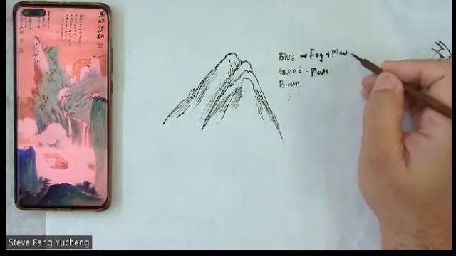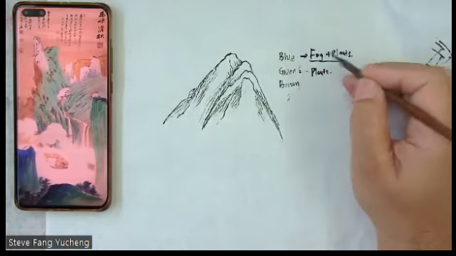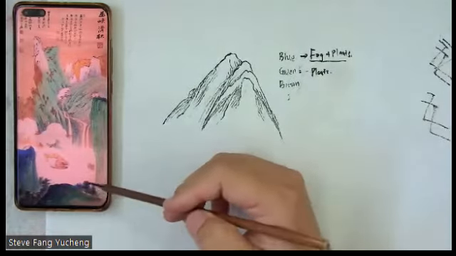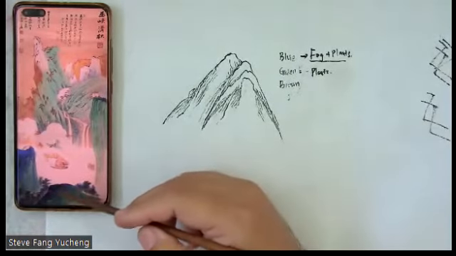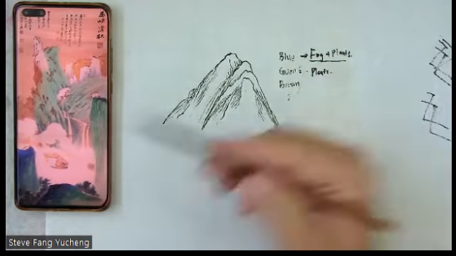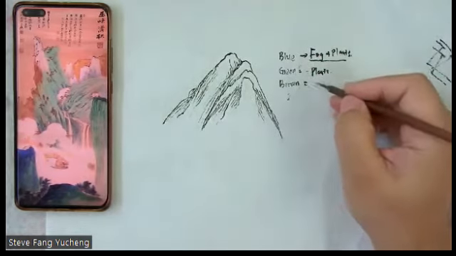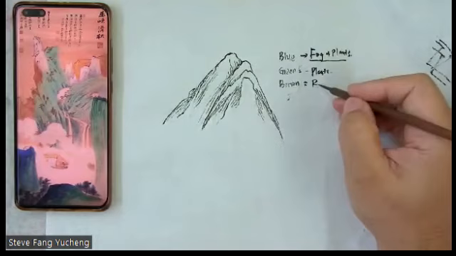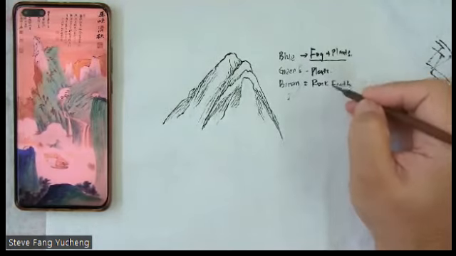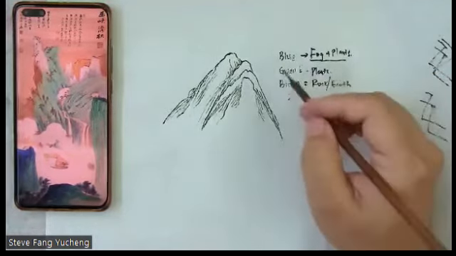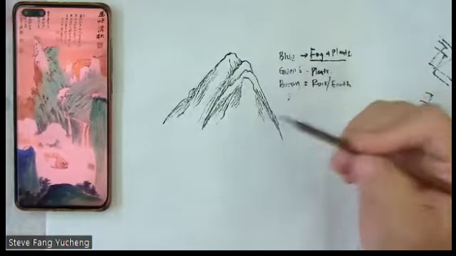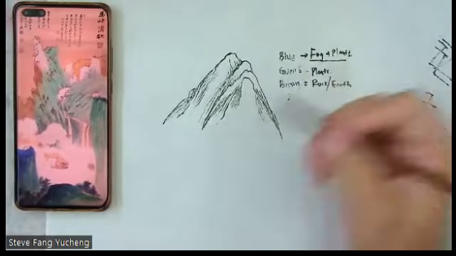Some of the plants we're going to use a little bit more on the blue side. If you look at this painting, this pine tree here is using quite a lot of blue color. Now, the brown color basically represents the rocks or the earth on the mountains. So these are what the colors represent. So once you understand that, it's easier for us to apply.